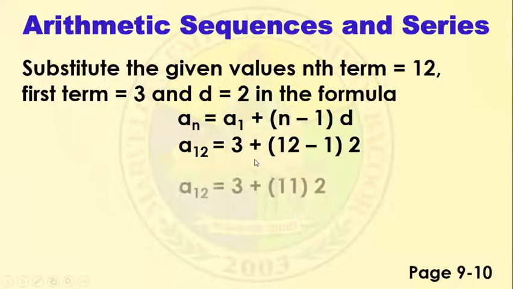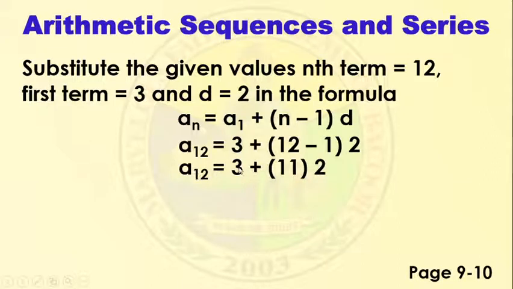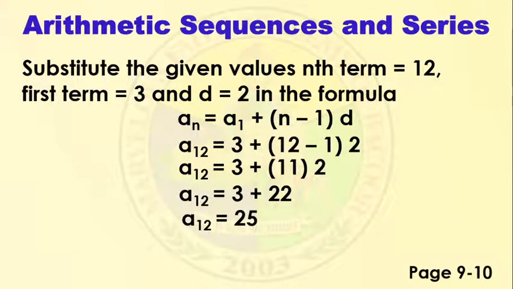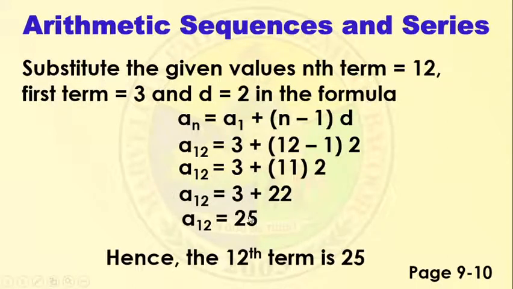So a sub 12 equals 3 plus 12 minus 1, which is 11, times 2. 3 plus 11 times 2 is 3 plus 22, the answer is 25. Hence, the value of the 12th term is 25.